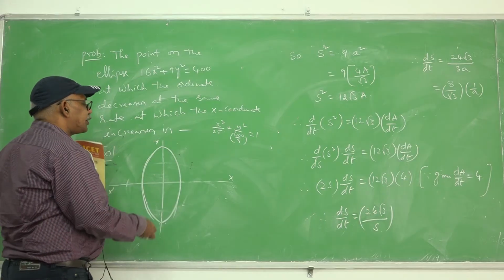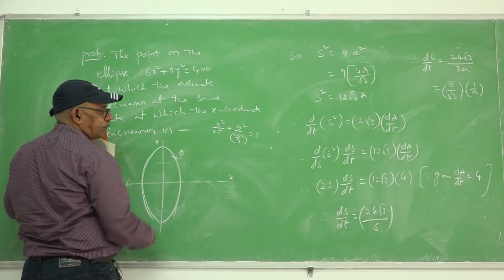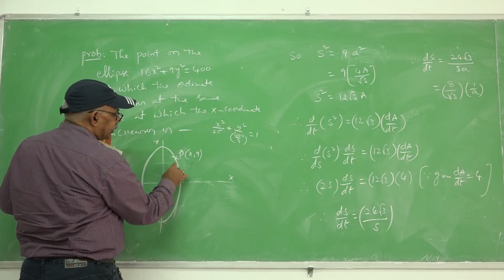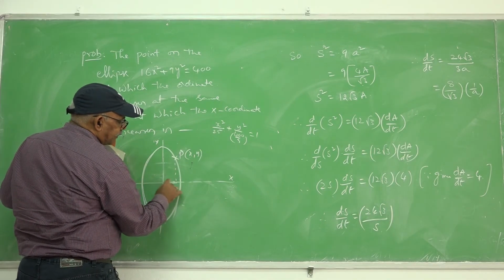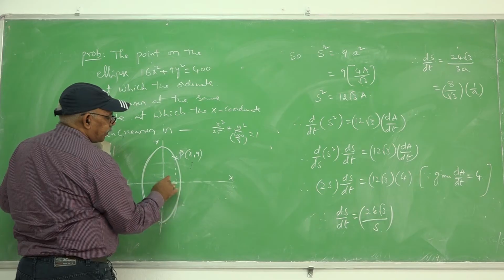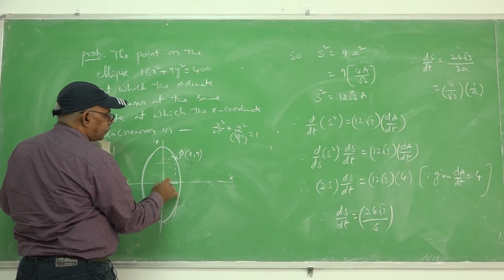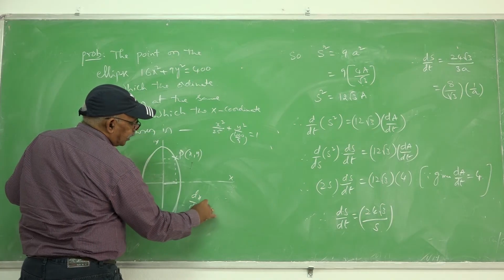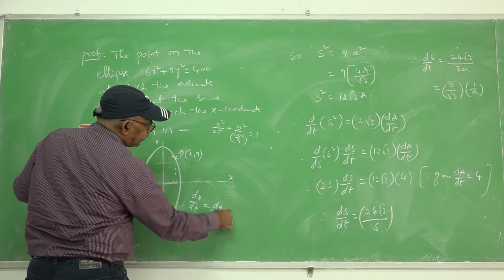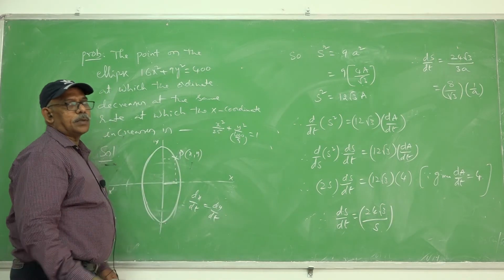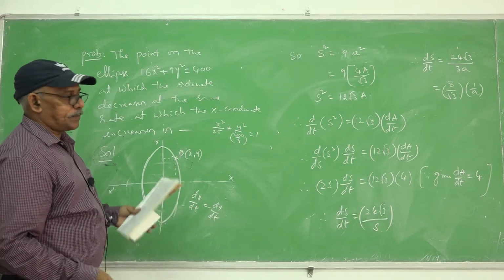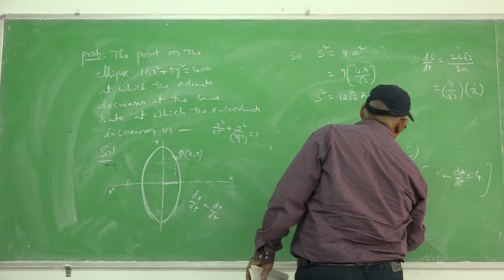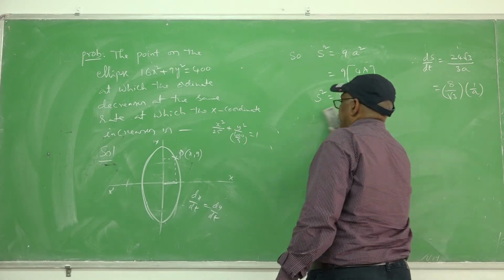Let us suppose this is the point x comma y, where the rate of change of x, that means the rate of change in this distance, is same to that of the rate of change in y. That means dx by dt equal to dy by dt. You have to find the point x comma y on the ellipse, where the rate of change of x is same to that of the rate of change of y.